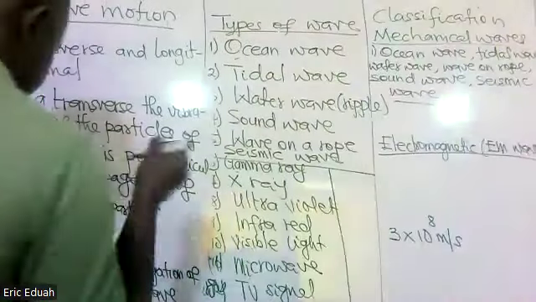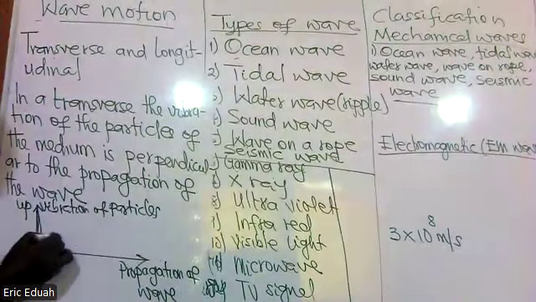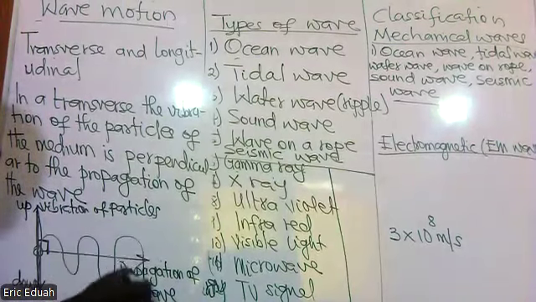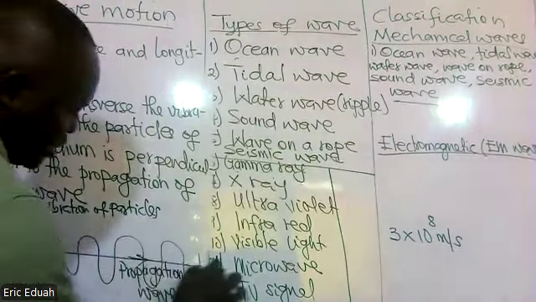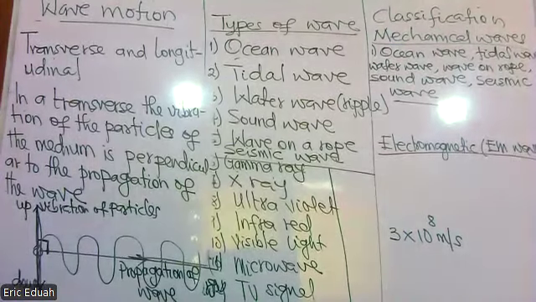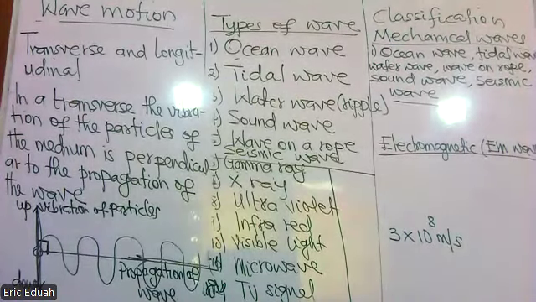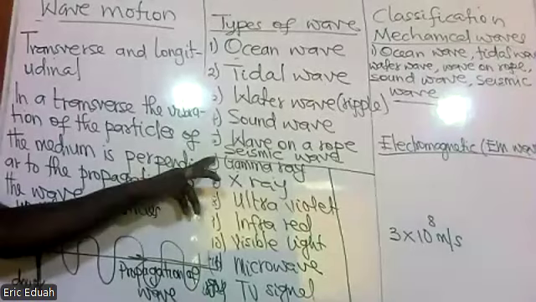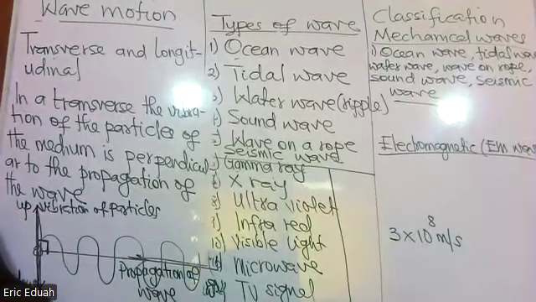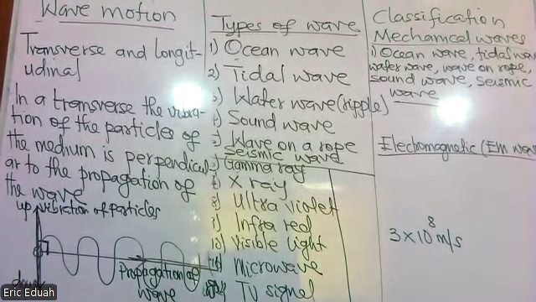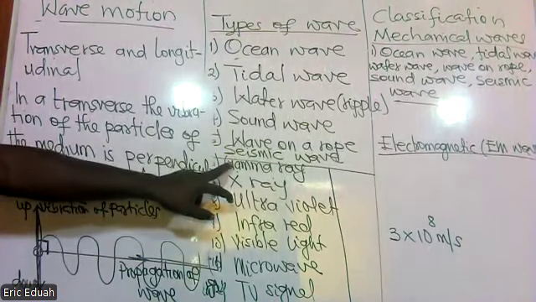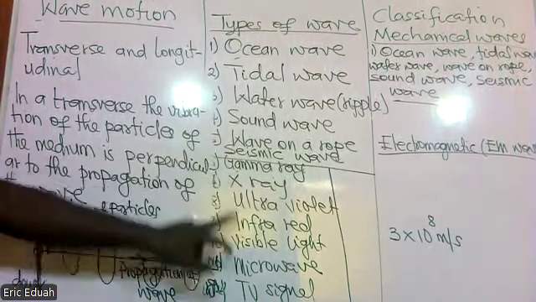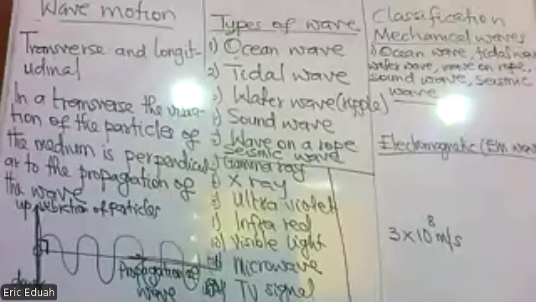As the particles vibrate in this manner, the wave formed is also like this, and then it goes in this direction. All electromagnetic waves fall under this classification. So all electromagnetic waves, starting from gamma ray down to radio waves, are transverse waves.